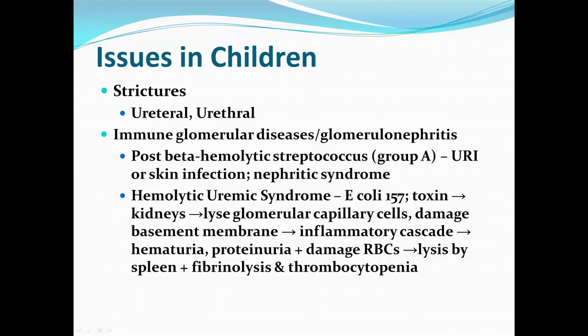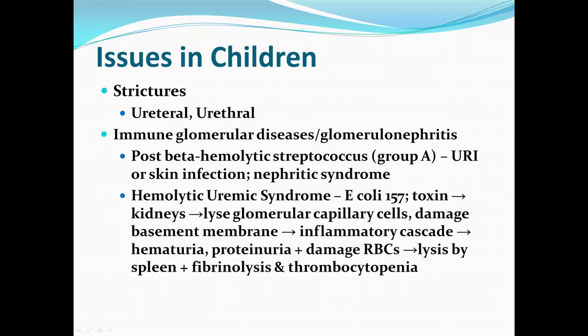The other piece that I think you'll see more in children are a couple of immune glomerular diseases, or glomerulonephritis. The first of that is post-beta hemolytic strep, which is group A, and this actually causes a glomerulonephritis.